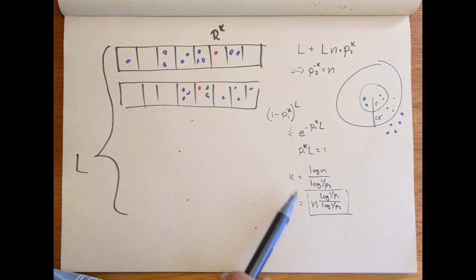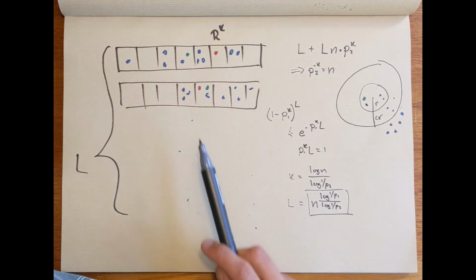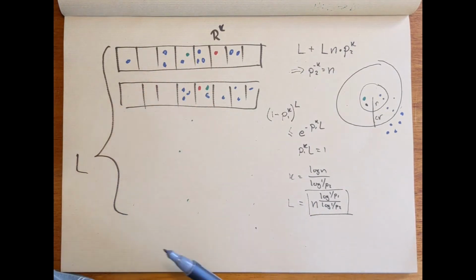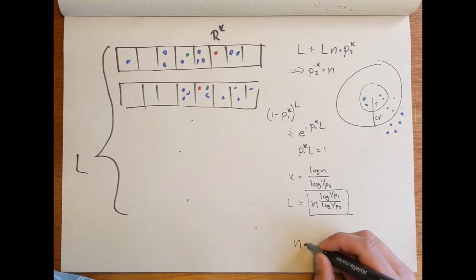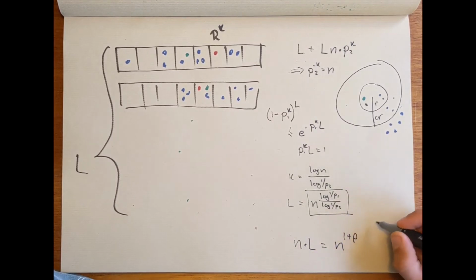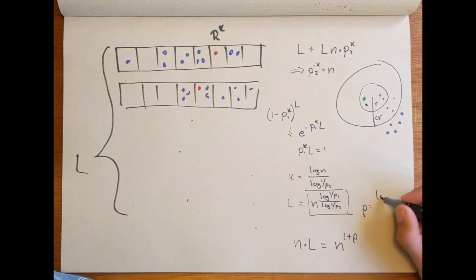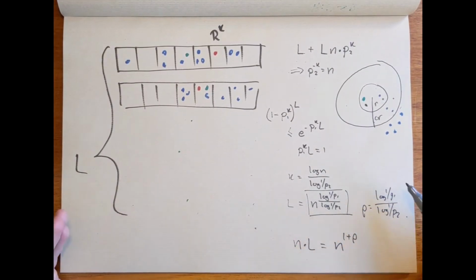And of course, this is also the number of repetitions we've made. So given there are n points in total, the space we're going to use is n times L, which we also write as n to the 1 plus rho, where rho is this constant log 1 over P1 divided by log 1 over P2. Good. So this is the idealized version of locality-sensitive hashing.